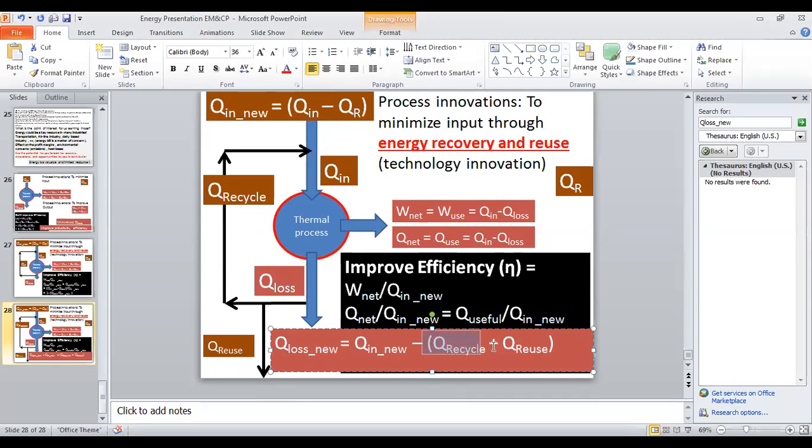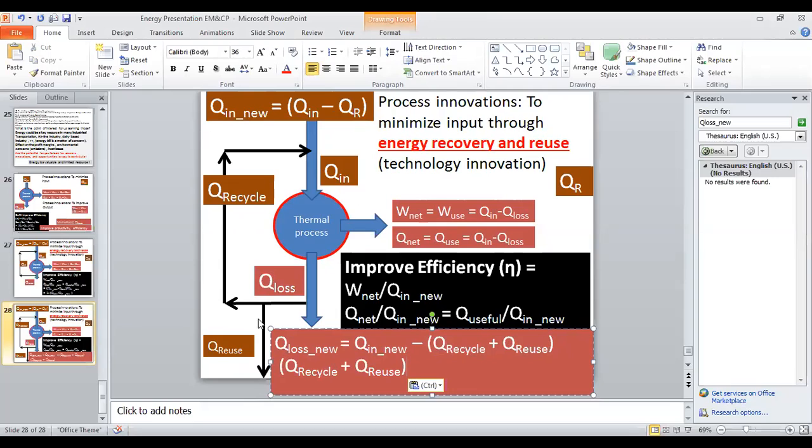Reuse and recycle means, what is reuse and recycle? Q recovery. Okay, Q recovery is reuse plus recycle. That is very important.